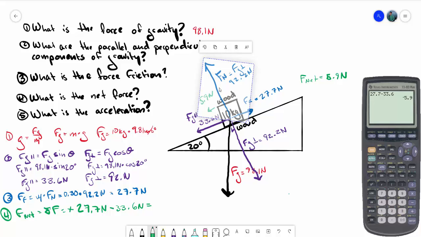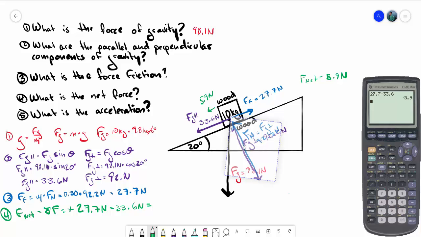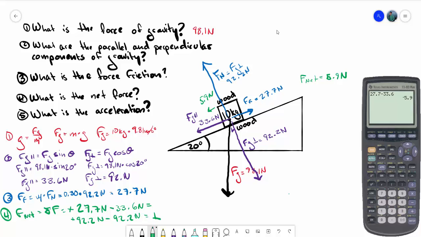Since they're on the same plane, and also since they're the same value, we can add those up as well. Let's do positive 92.2 for the normal force because it's going up, and negative 92.2 newtons for the force of gravity perpendicular because it's going down into the ramp. You'll find that that perpendicular component is equal to 0 newtons.